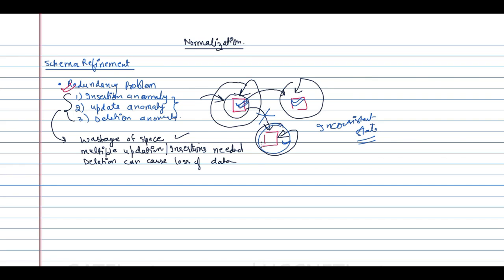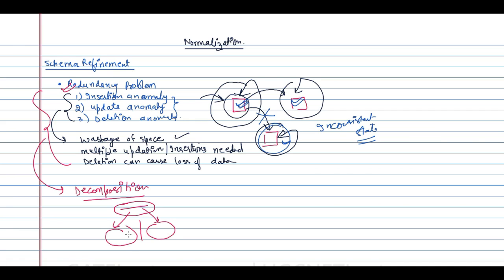Okay, and to remove these anomalies, there's something which is required, and that is called decomposition. And this decomposition is important, because decomposition means if you have a complete relation or a table, you may be required to divide this table into multiple tables.